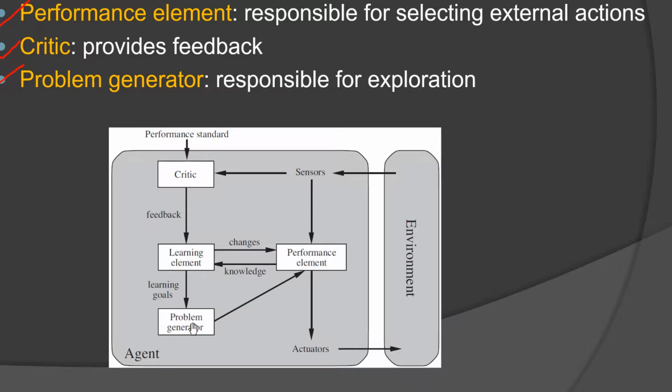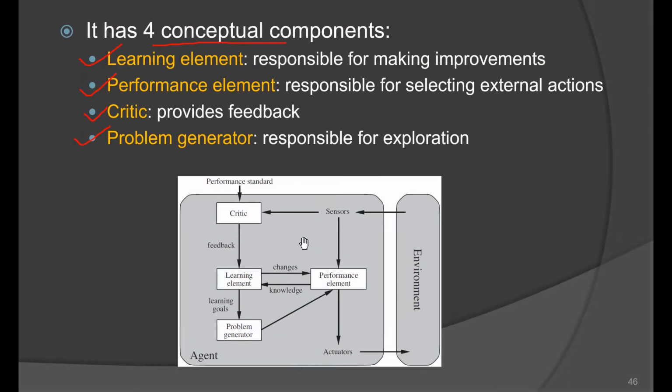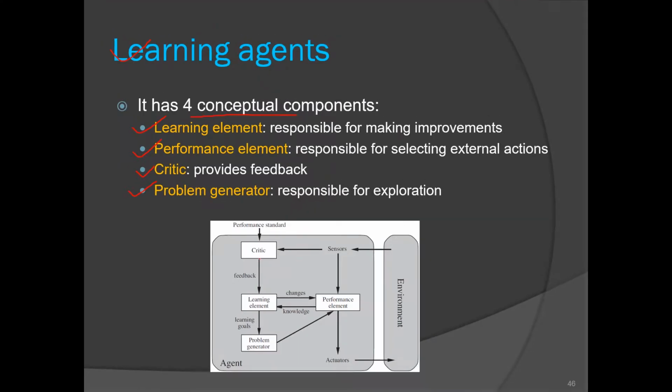The problem generator will suggest a new action to our performance element, and by performing those new actions, our agent will experience new things, new improvements, right? So it will try new things and explore. This is how the learning agent looks. It has these additional modules, which suggest changes to our ordinary agent.